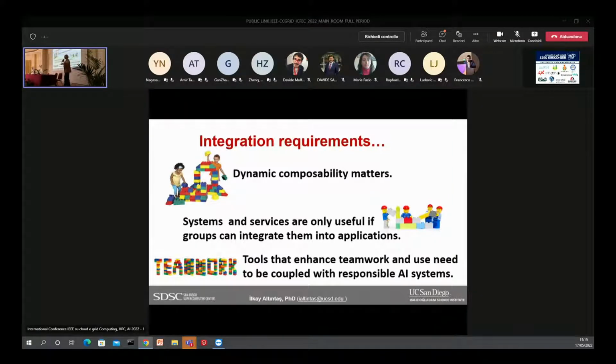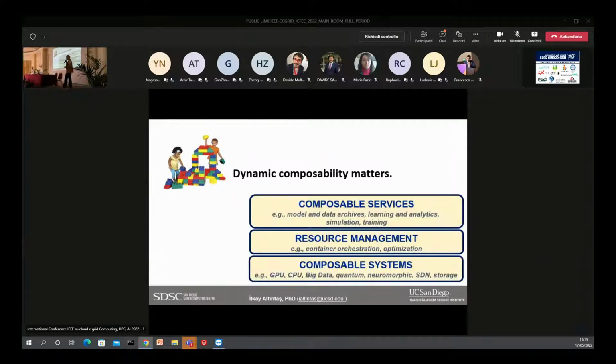And then third is very important, and it's not something we often talk about. Tools need to enhance teamwork, and also they need to use practices or principles that encourage responsible AI practices, not just responsible AI, overall in our end, responsible science practices or application integration practices.